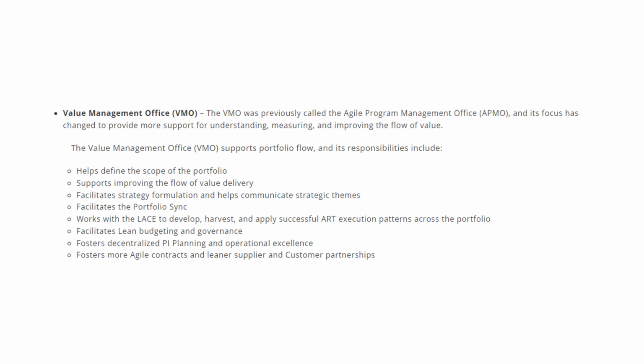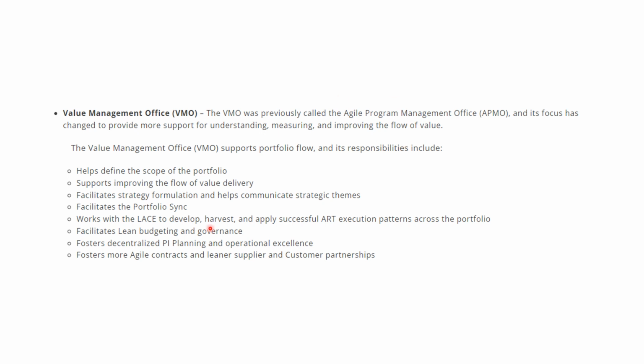Its responsibilities include helping define the scope of the portfolio, supporting improvement of the flow of value delivery, facilitating strategy formulation and helping communicate strategic themes, facilitating the portfolio sync, working with the layers to develop, harvest, and apply successful ART execution patterns across the portfolio, facilitating lean budgeting and governance, fostering decentralized PI planning and operational excellence, and fostering more agile contracts and leaner supplier and customer partnerships.